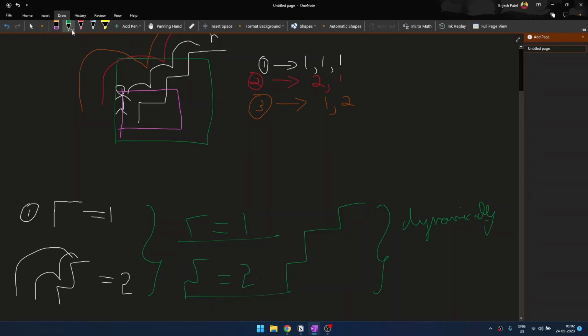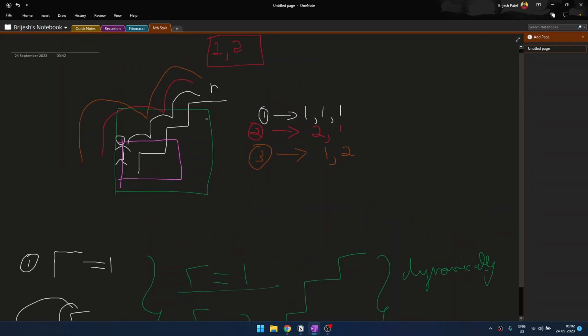Okay, so let's try to frame the formula. If we consider this as n, f of n is nothing but f of n minus 1 plus f of n minus 2.